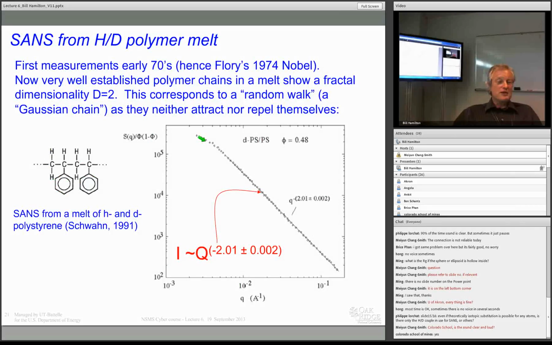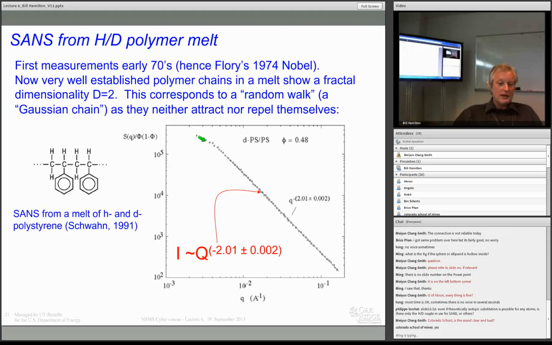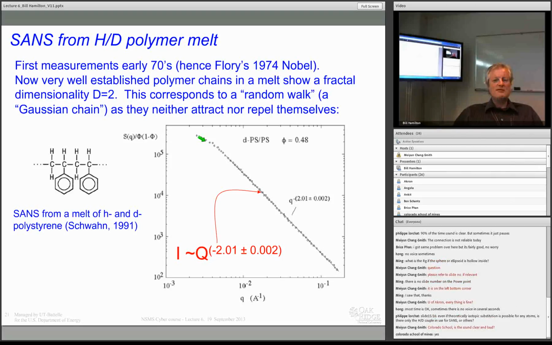And after a few years, they even worked out that they didn't need to go to dilute solutions.